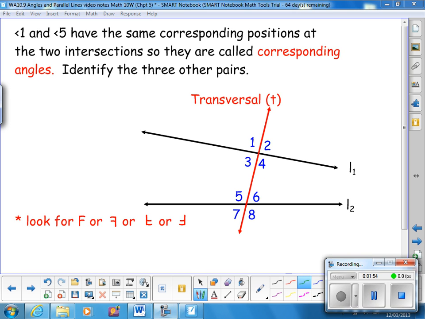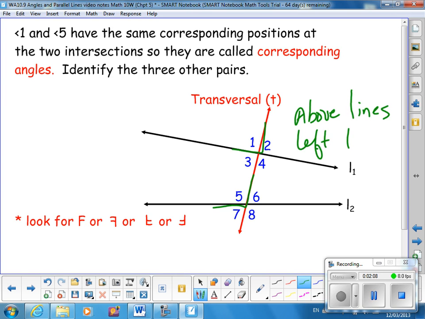Okay, so angle 1 and angle 5 have the same corresponding position. If we look at angle 1 and angle 5, they are above the lines and to the left of the transversal. So they are called corresponding angles. There are 3 other pairs.